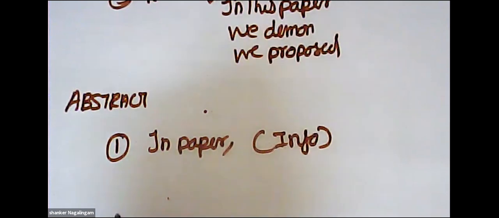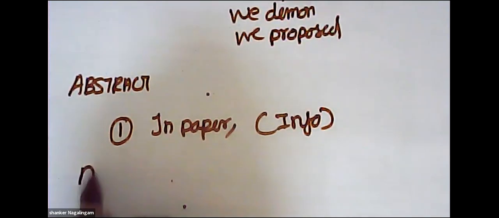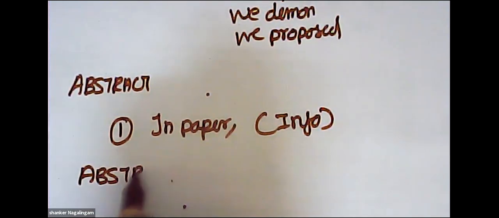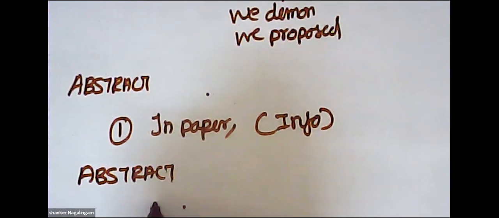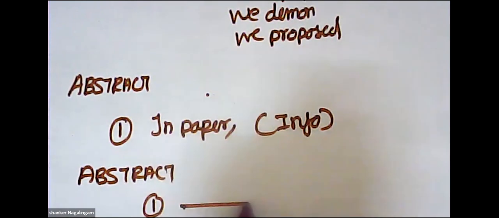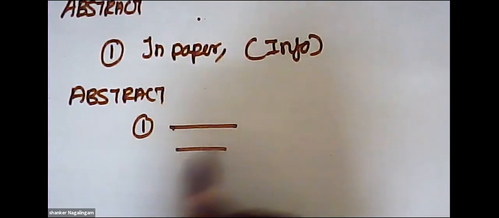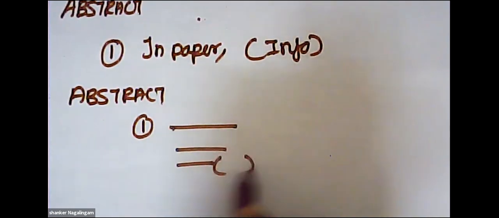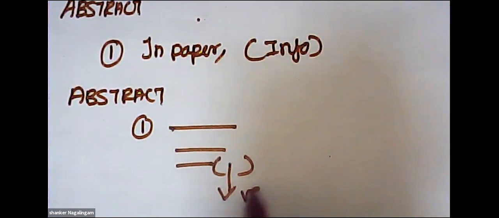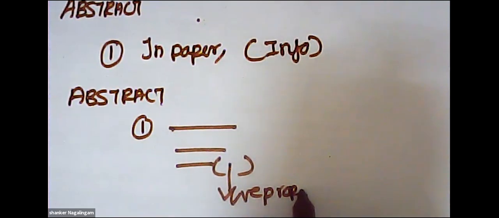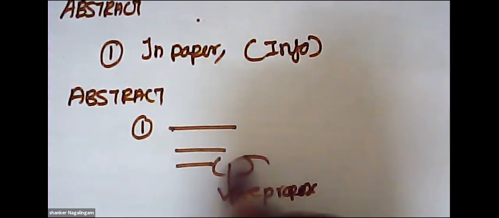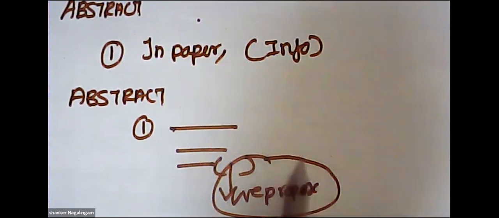Now, if an abstract has many lines, and in between those lines you have "we propose in this paper", something like that, that part is going to be your descriptive abstract.